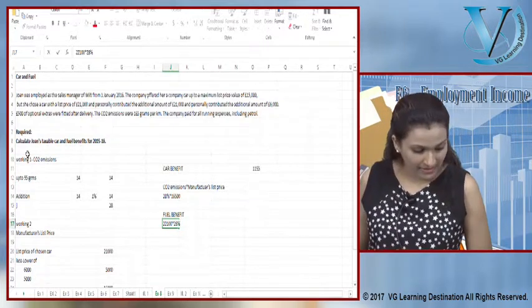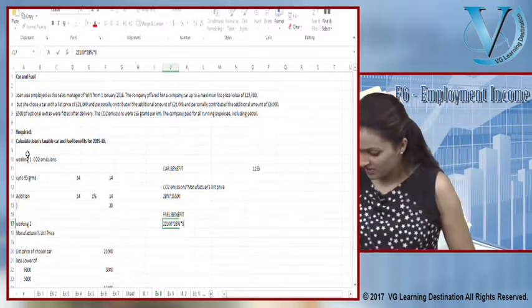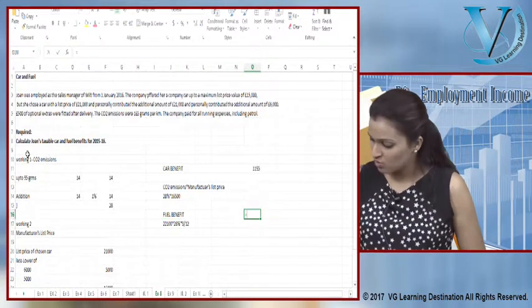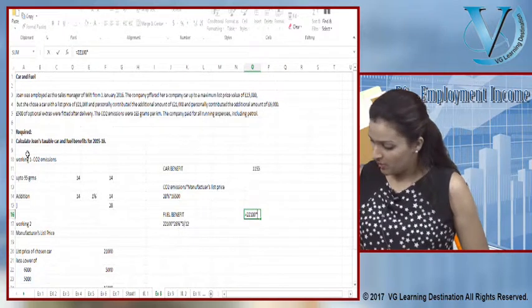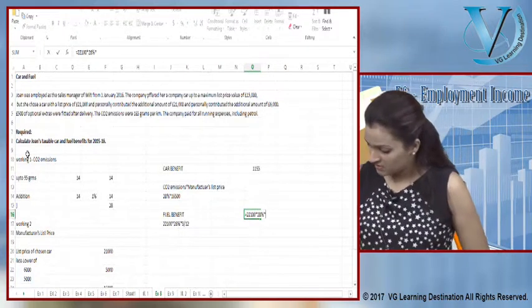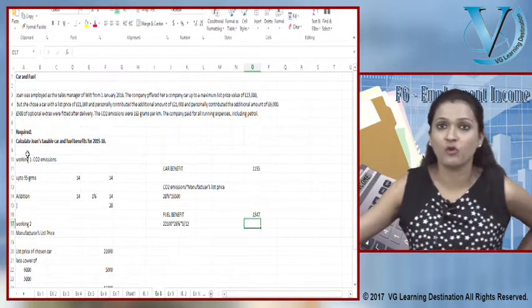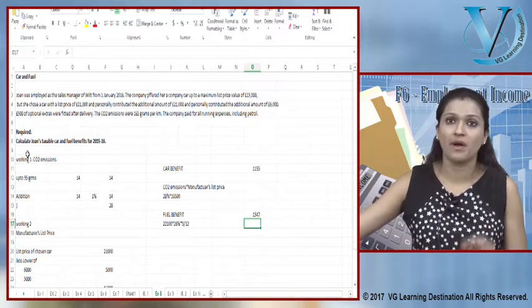Multiply this further by the number of months the benefit was actually enjoyed, so 3 divided by 12. Now let's find out the value of this benefit: statutory limit 22,100 multiplied by 28% multiplied by 3 divided by 12. 1547 becomes the value of the fuel benefit which has been enjoyed.